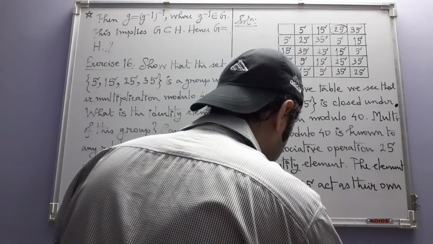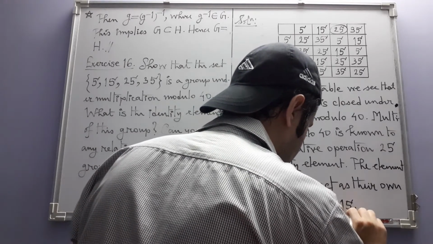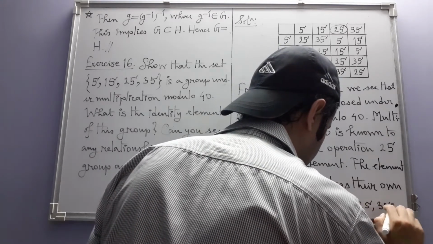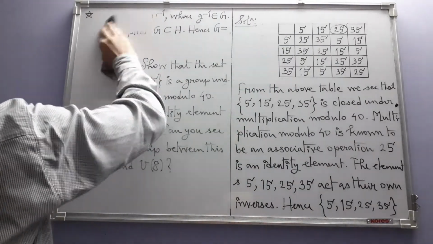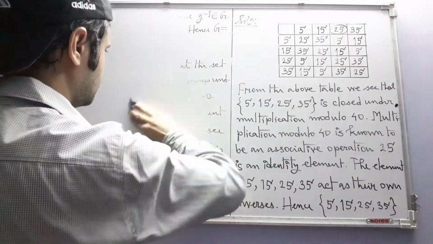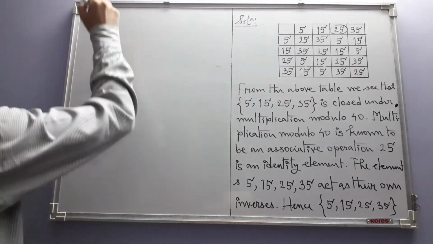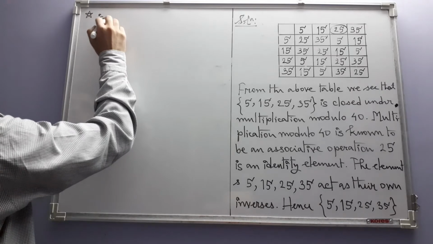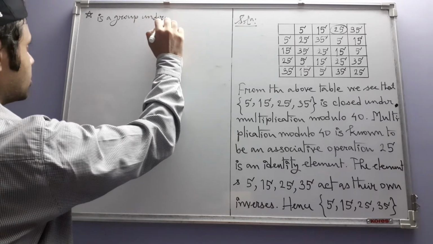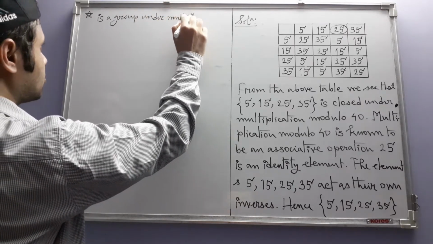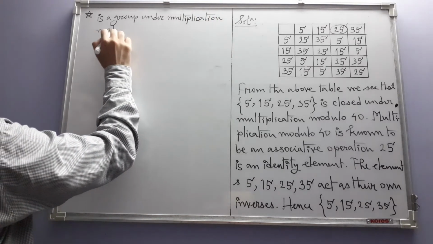Hence, the set is a group under multiplication modulo 40.